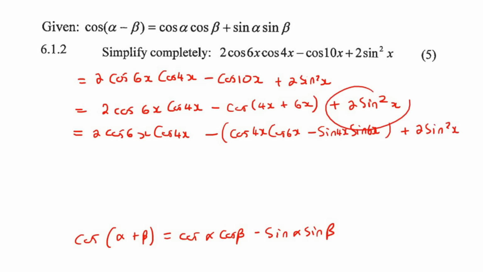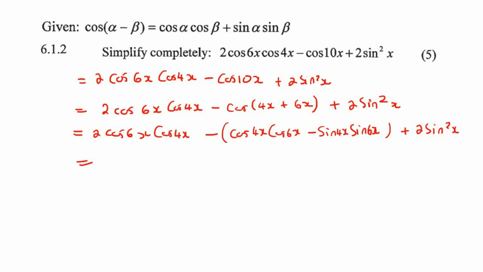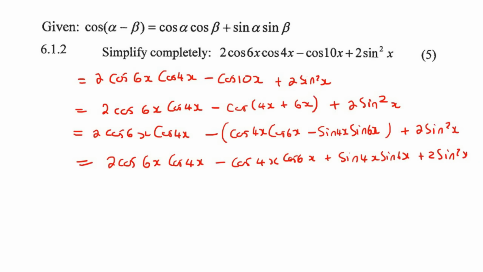This one's pretty random. Now we're going to multiply that negative into the bracket, so that'll become minus cos 4x cos 6x plus sin 4x sin 6x plus 2 sin squared x.